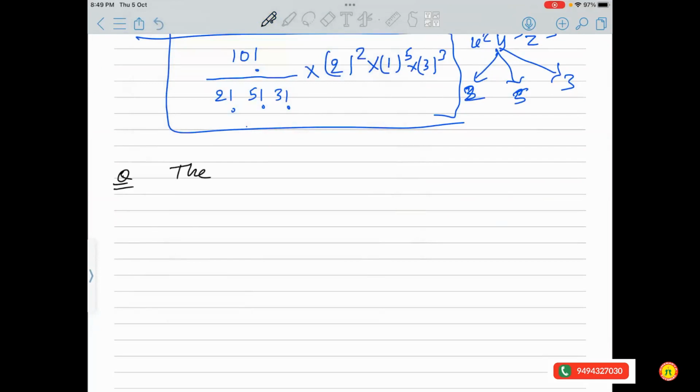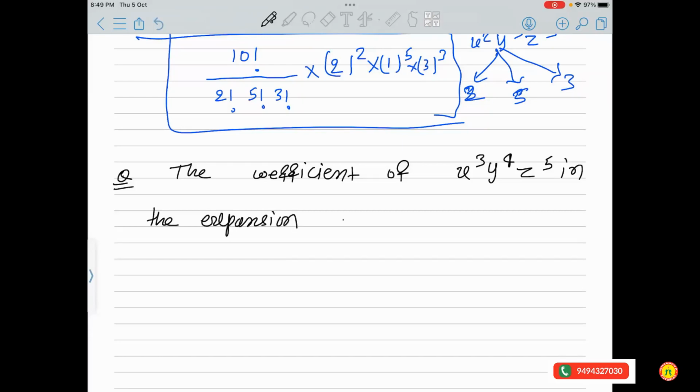The coefficient of x cube y power 4 z power 5 in the expansion of (2xy plus yz plus zx) power 6. Can you answer this question? Anyone? How to solve this question?